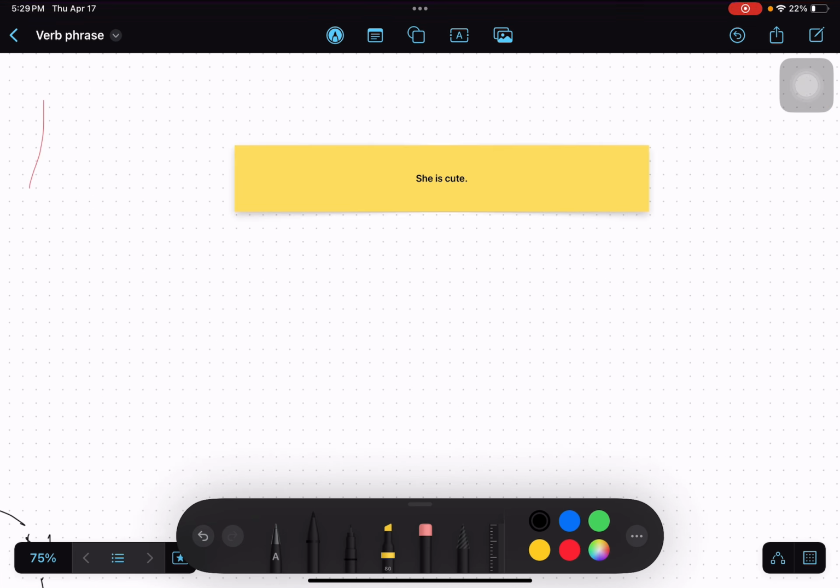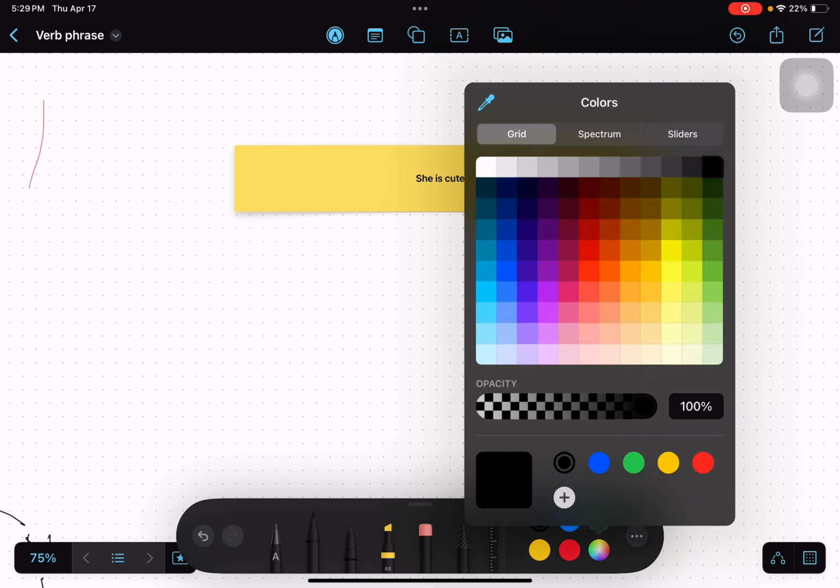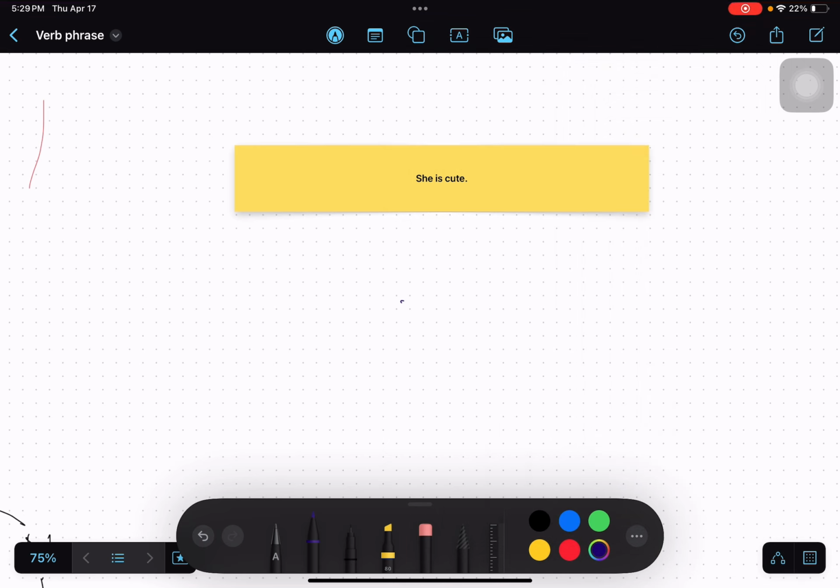"She is cute." This time it's not a modal, it is just a tense. Okay? So if that's the case, we have the S. Under the S, we have here subject, and then NP, she.